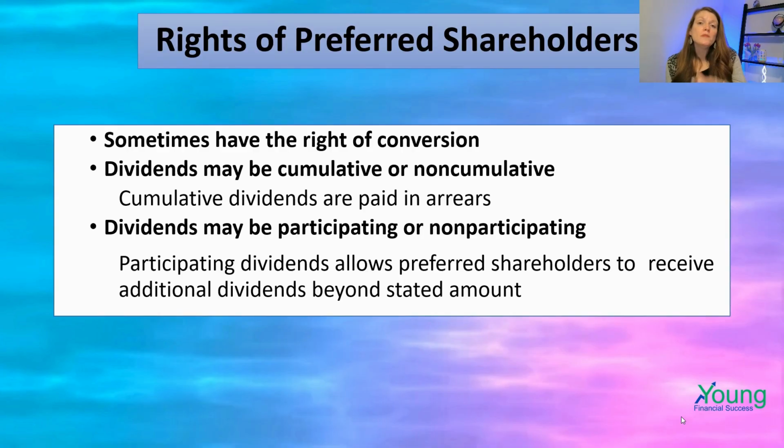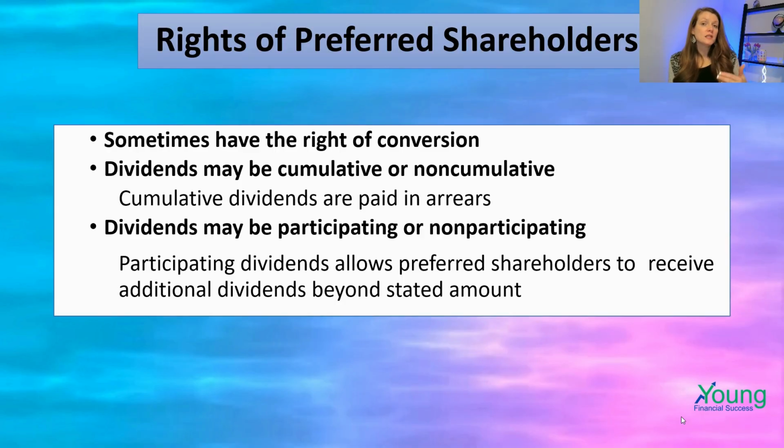If they are cumulative, the preferred shareholders get the dividends for the $10 per share for the past 3 years as well. So they are going to get paid out this year's dividends and all of the prior years, if the amount they've declared covers all of that, before the common shareholders get anything at all.